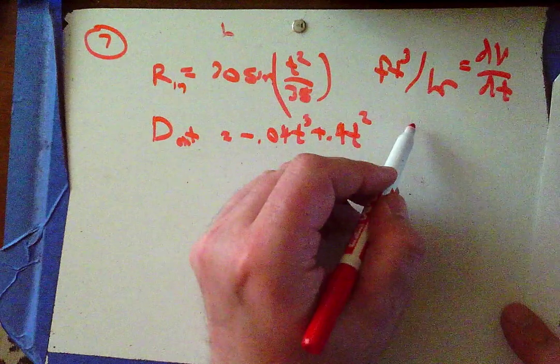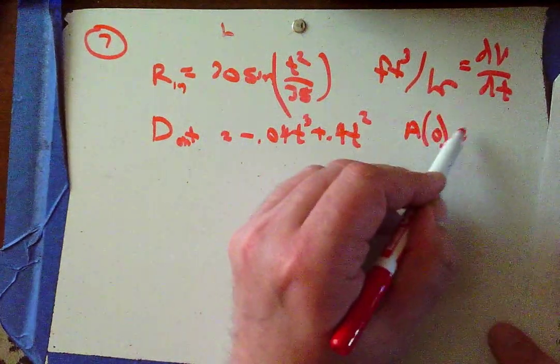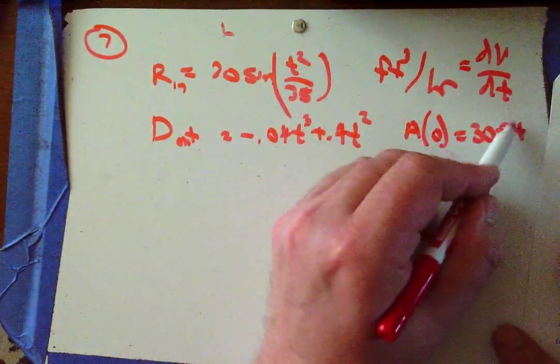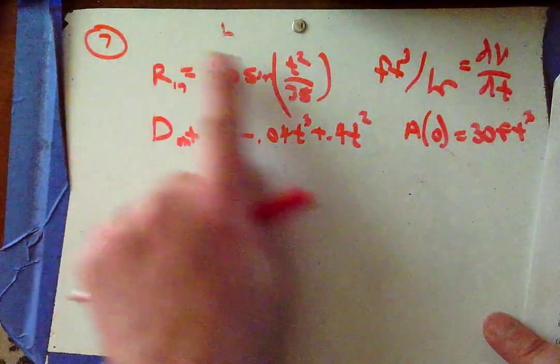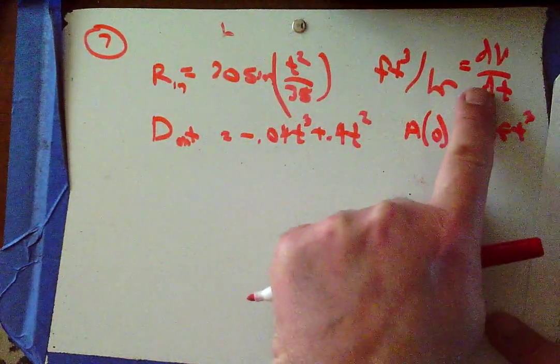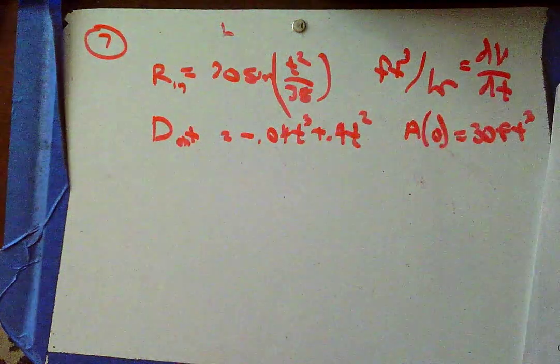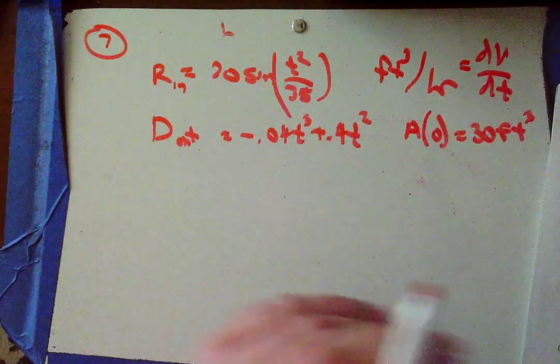The amount of water at time equal to 0 is 30 cubic feet. So it looks like we have a rate in, rate out problem, but we might also have a related rates problem. Let's see.